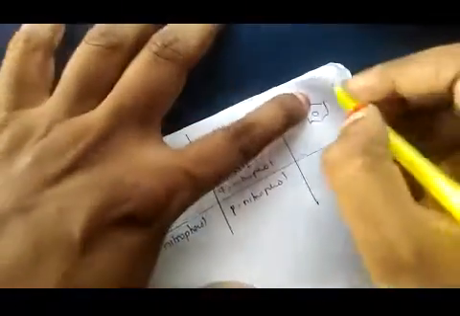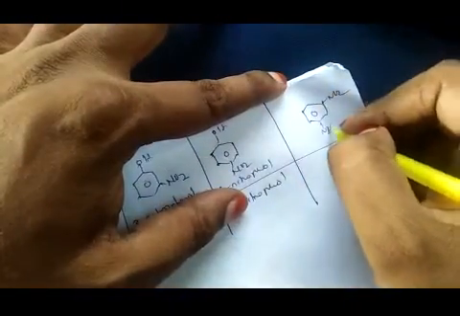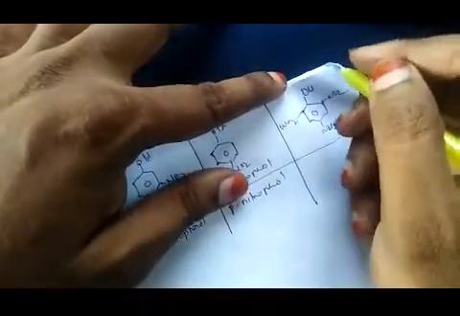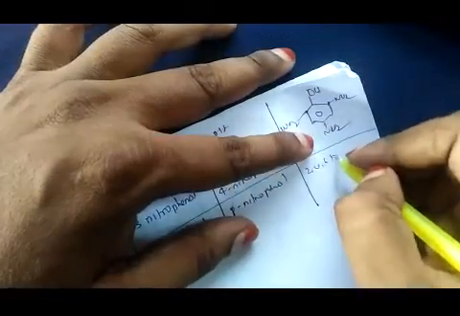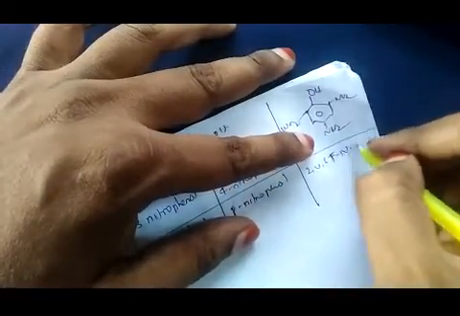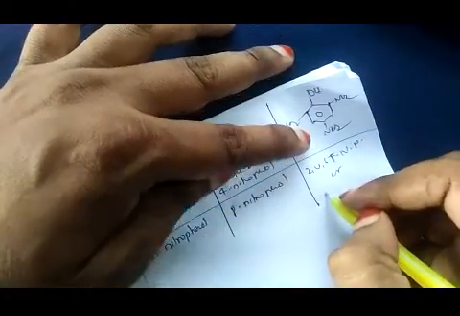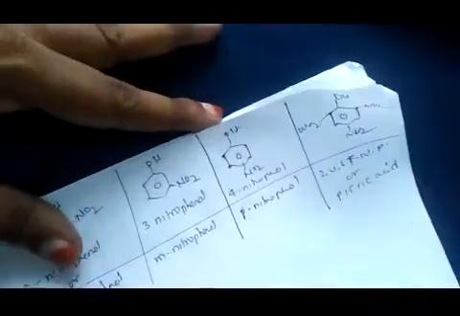The most important molecule is here. Nitro groups, NO2, here, here and here, and OH here. It is called 2,4,6-trinitrophenol. It is simply called picric acid, generally used in the organic chemistry lab.